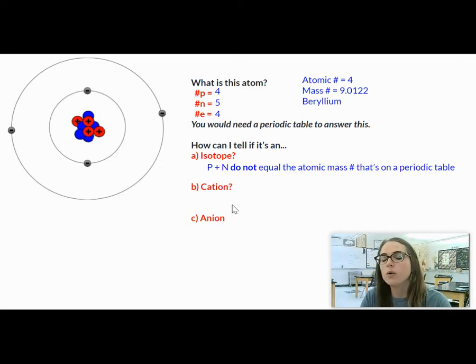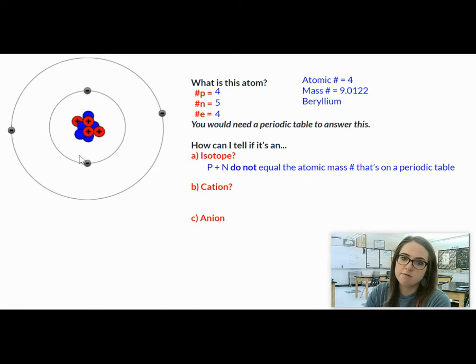Now, how could I tell if this is a cation or anion? And remember, a cation has a positive charge and an anion has a negative. Quick, easy way to remember that is look at the little T right here. Think T positive. So a cation is an ion that has a positive charge.